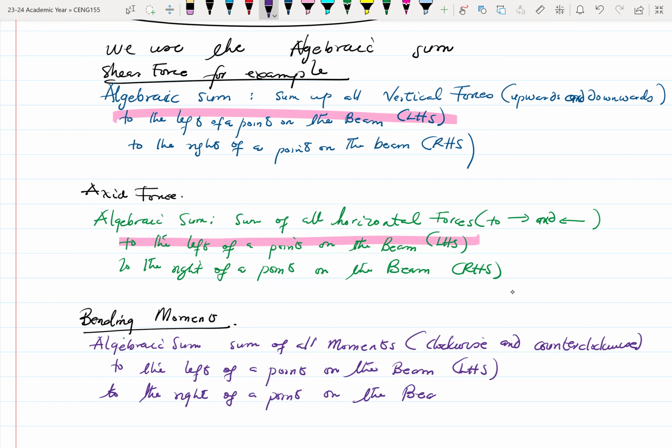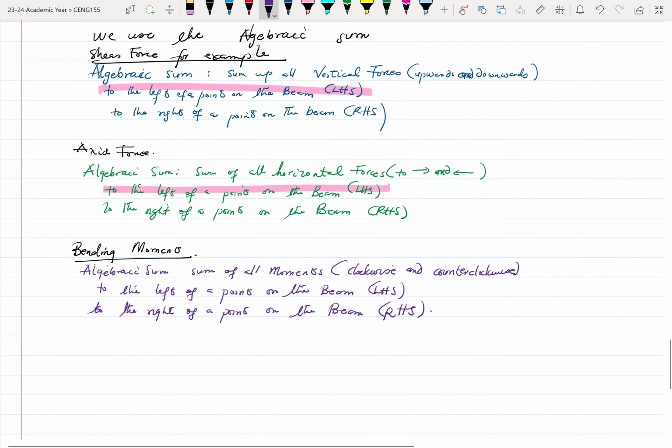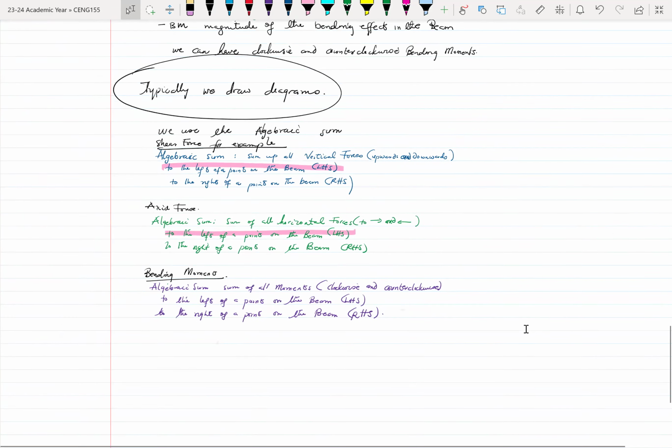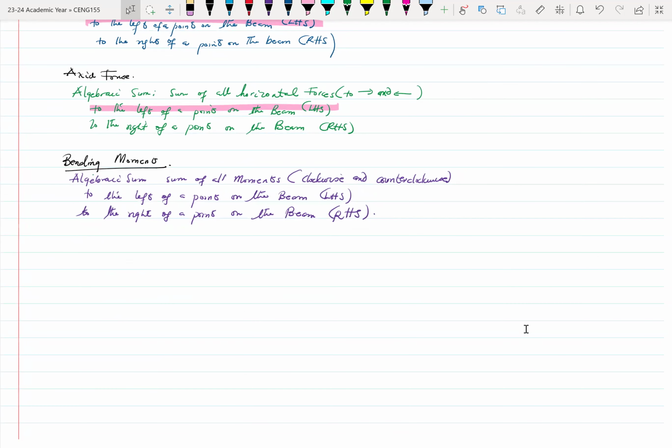Okay, so that's the right-hand side. Again, with the bending moment rule, as with the axial forces, we have a sign convention rule that comes into focus. So let me just put that over here, then we can end the class, all right?